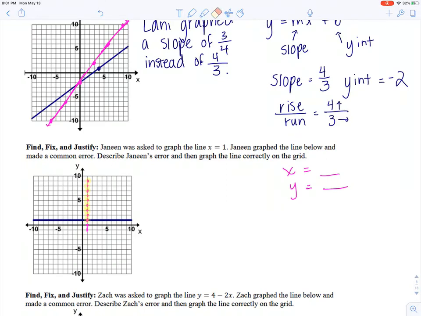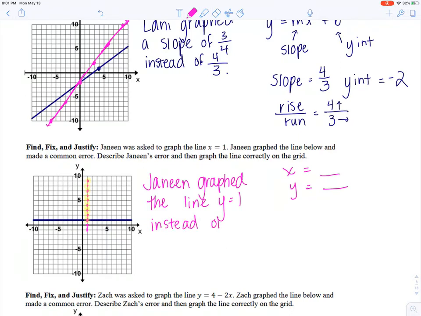So it looks like Janine graphed the line y equals 1 instead of x equals 1. So we can say Janine graphed the line y equals 1 instead of x equals 1.